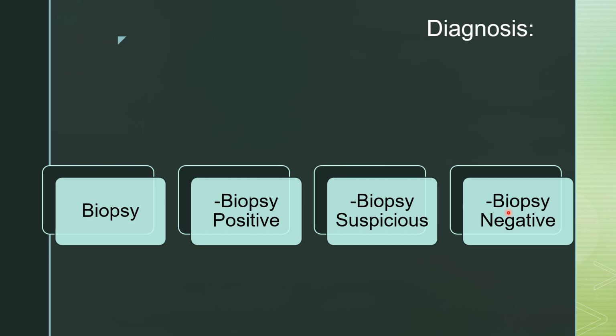In other words, for the first time of biopsy and the result comes back to be suspicious or negative, I will tag both as being inconclusive and we need to repeat biopsy. Yes. But when it is positive, then we move to the next stage, which is the report of the biopsy.